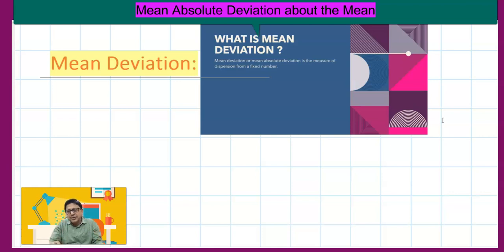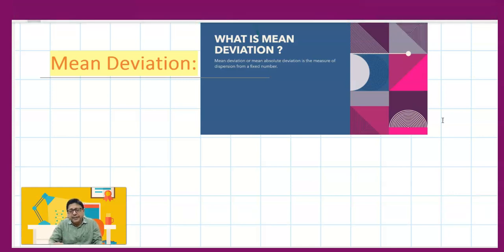See, in statistics what you do, you calculate mean, median, mode, all these things. And mean is the representation of all the values in statistical analysis. So when you are considering the mean as the representative of all the values, you need to know how faithful a representation it is going to be.